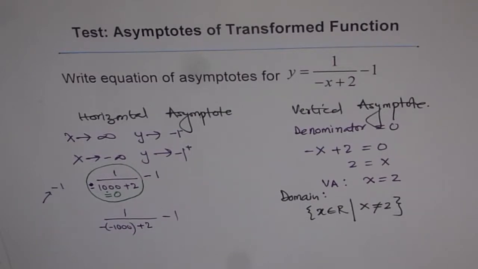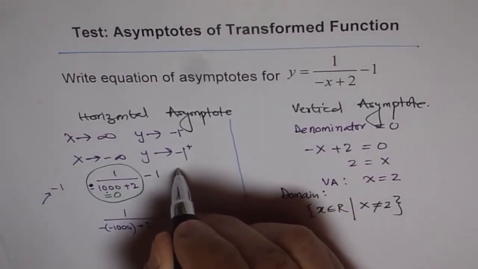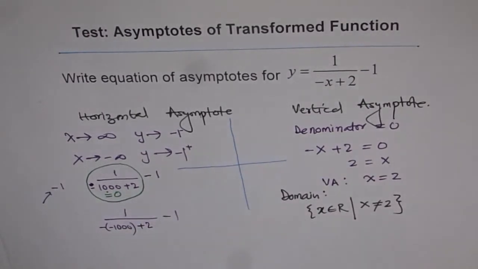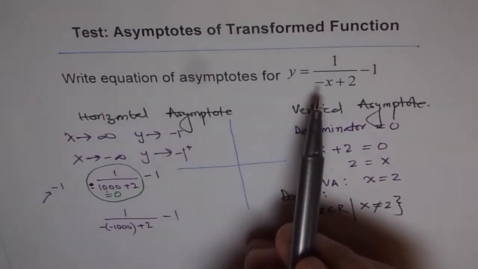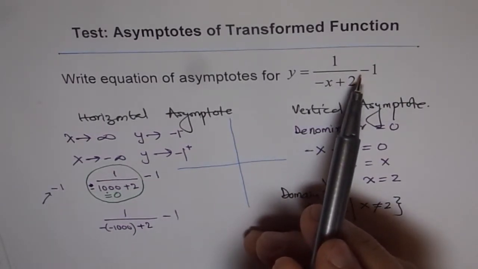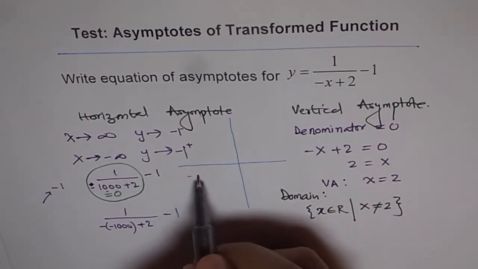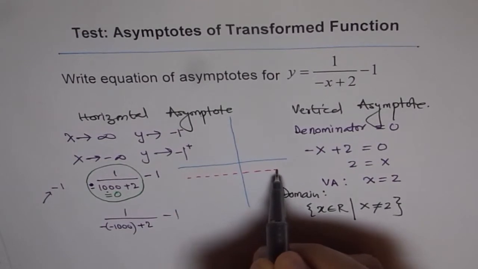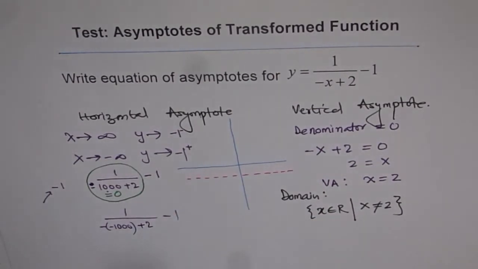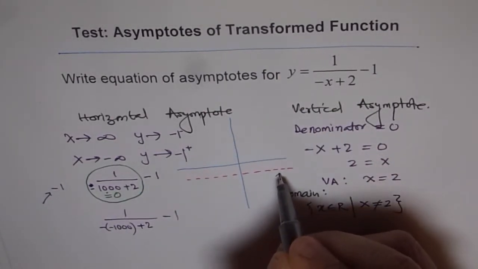So that is what I'm trying to show you here. What are we approaching and how? To show this point, let me explain with the help of a graph. When I put plus 1000 here, this quantity becomes negative. That means I am approaching minus 1, and minus 1 for me is a horizontal asymptote. When I plug in a positive value, I am approaching minus 1 from this side.